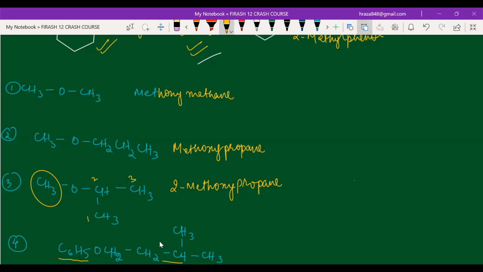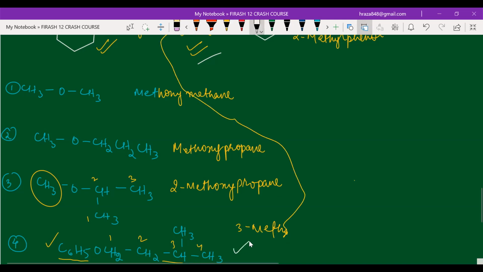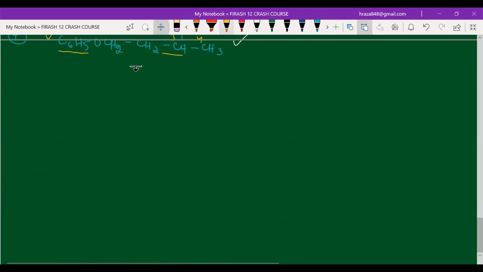Left, the benzene group, because it has more number of carbons. So 3-methylbutoxybenzene. It's correct. Very good. Please be clear with your nomenclature.